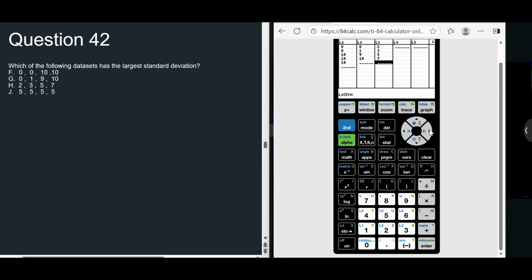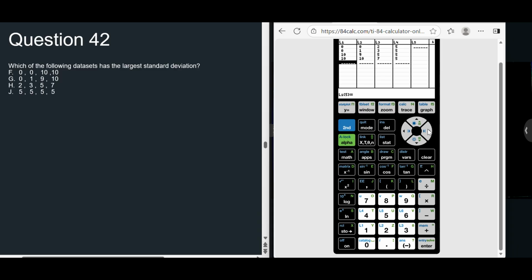And I think I have too many 10s here, so I'm going to delete them. Gotta be careful. All right, and then the last one is 5, 5, 5, 5. Now, obviously we can tell that since J is all 5s, it's not going to have the largest standard deviation. So I don't really even have to look at that.